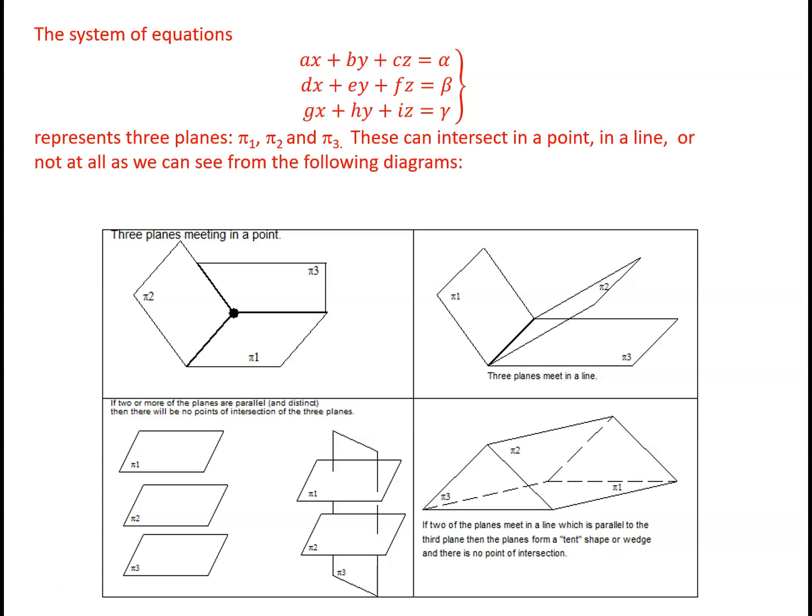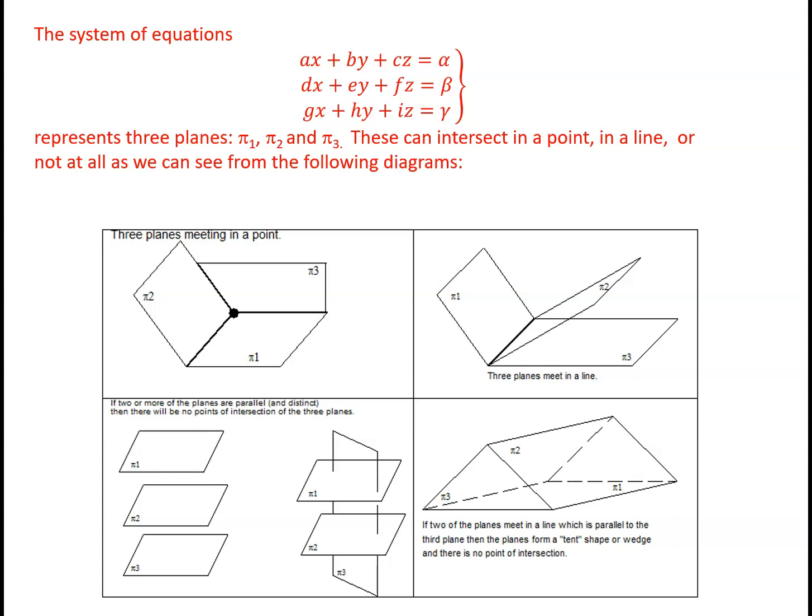We can see from the diagrams that the 3 planes can meet in a point, in which case there is a unique solution to the system of equations. All 3 planes can meet in a line, in which case there is an infinite number of solutions to the system of equations.